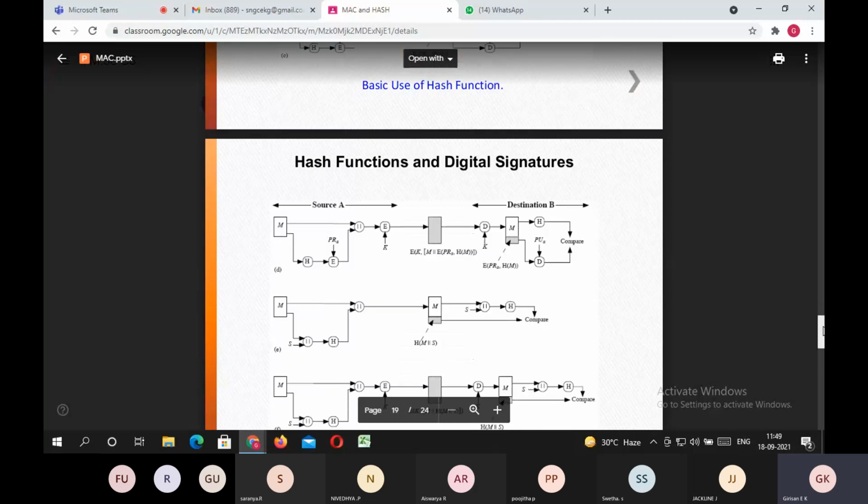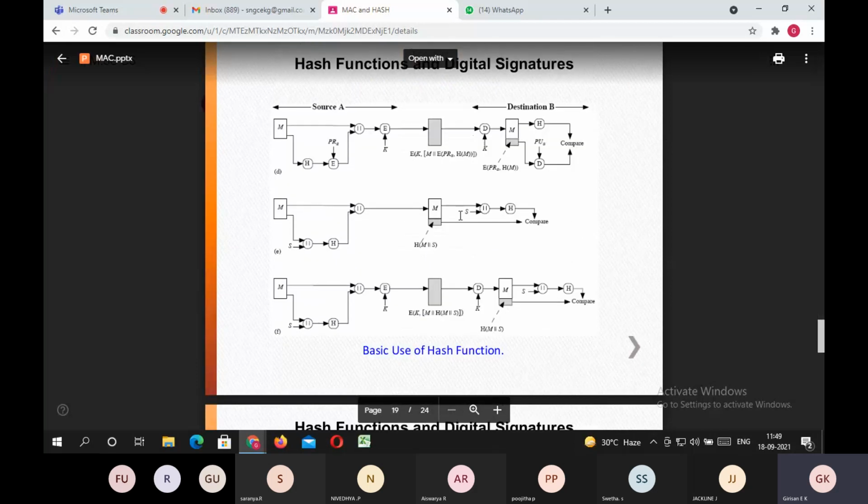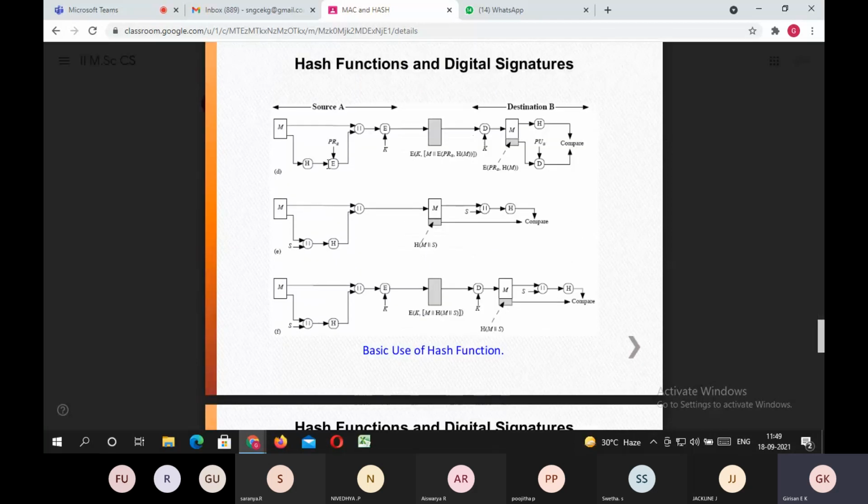Now, the fourth form is the same concept, where after the hash code is encrypted using the private key, another encryption takes place using a symmetric key. So both symmetric key and asymmetric key cryptographic systems are involved.